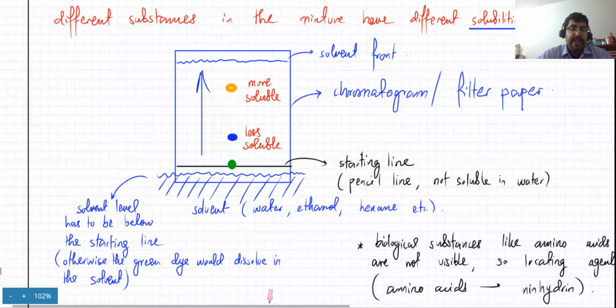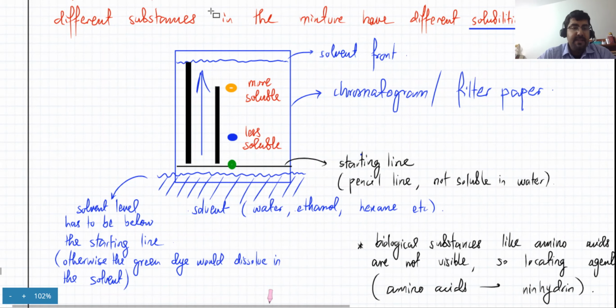And that RF value is calculated by doing two things. One is you measure the distance that the orange dye is going to travel. You measure the distance from the starting point. All distances are measured from the starting point, and you measure the distance that the solvent is going to travel, which is also calculated from the starting point.